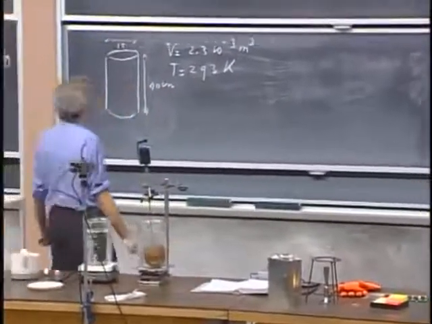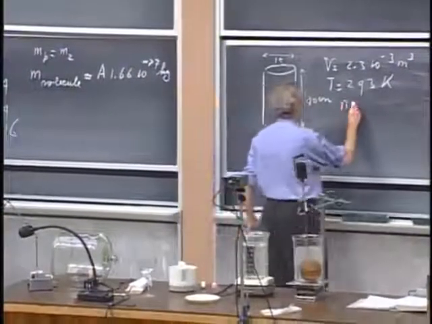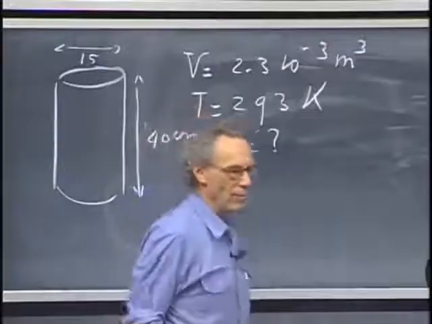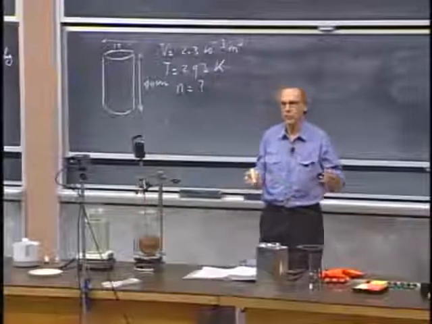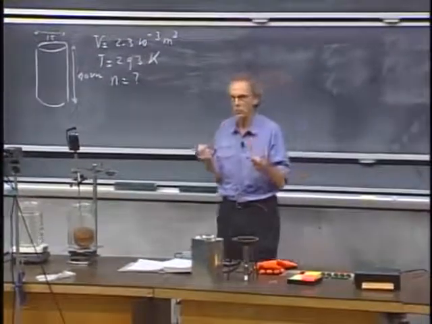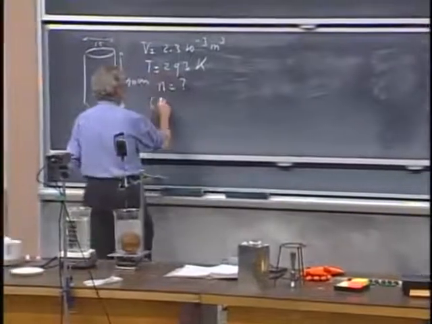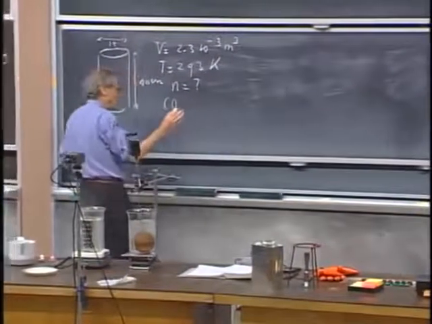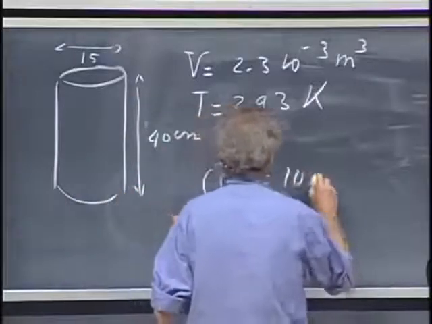So now I want to know how many moles I have, the little n. And what I read on the label, that this tank, when it is full, weighs 31 pounds, but when it's empty, no CO2 inside, it weighs 21 pounds. So I have the mass of the CO2, whatever it is, maybe it's liquid, is 10 pounds.